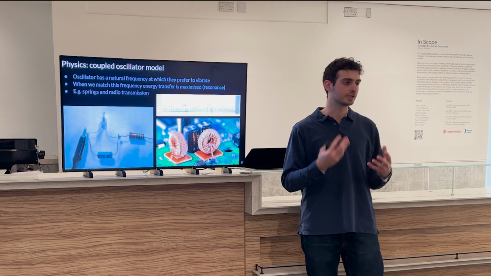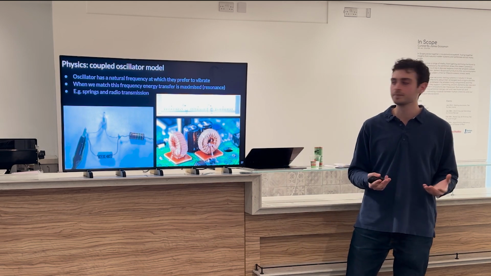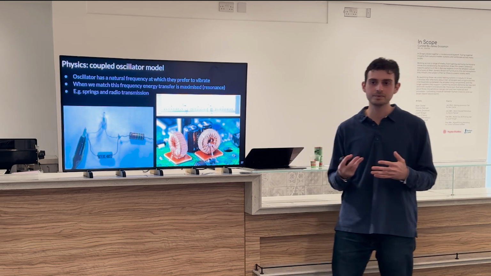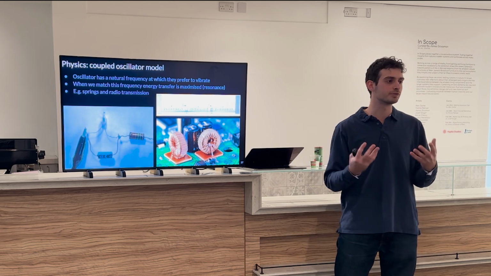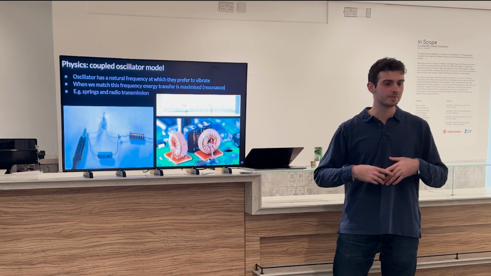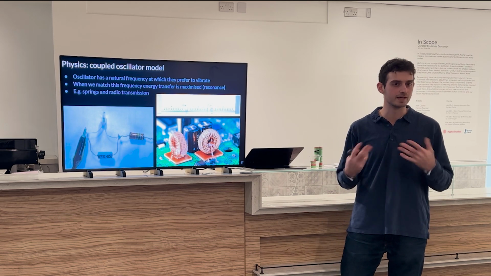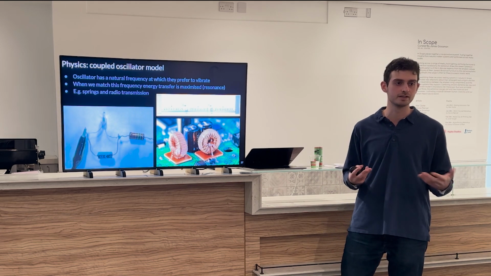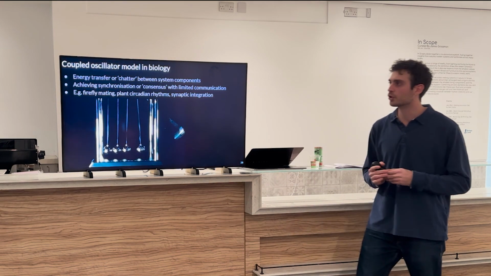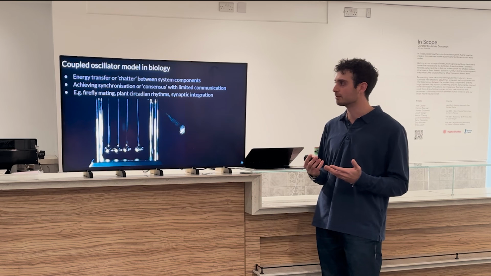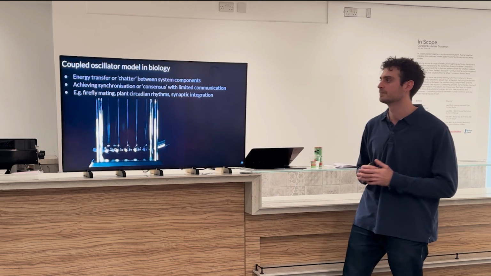And when we are able to match this frequency, we get maximum energy transfer. And when we have many together, if they all operate at the same time, they tend to find this coherent state between all of them, where they're matching the frequencies they're naturally oscillating at. And in biology, we can talk about this because there is energy transfer going on between these system components that chatter.